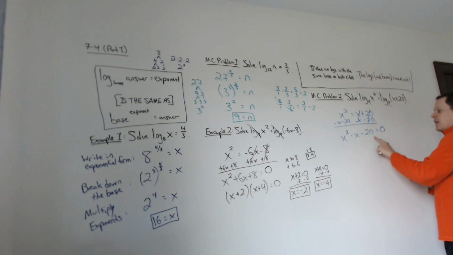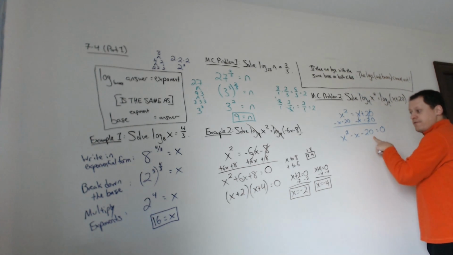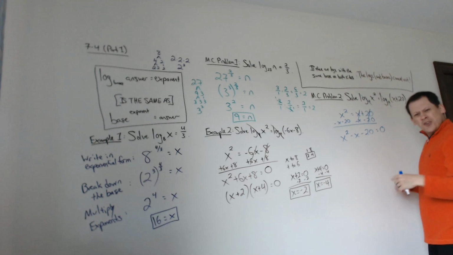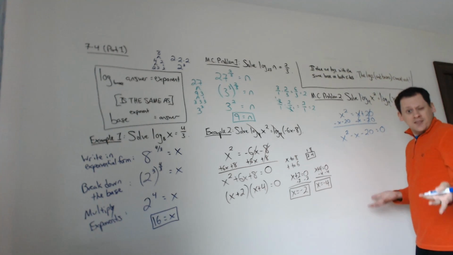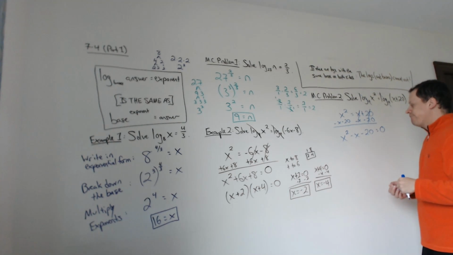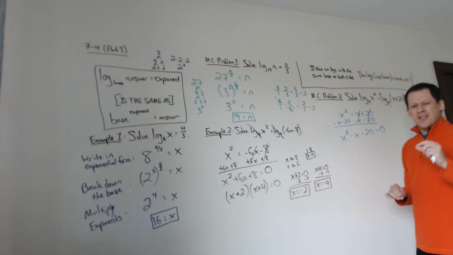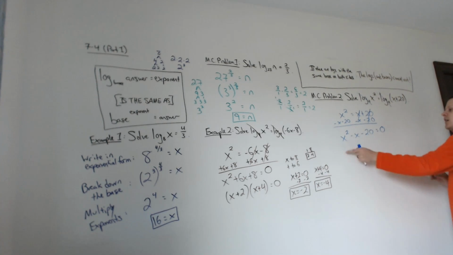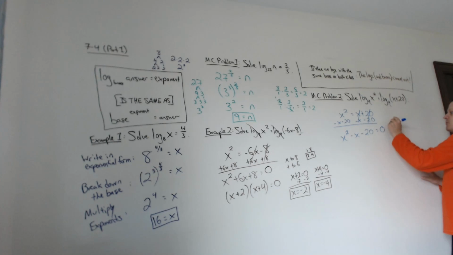Okay, so we need to solve this by factoring. You could also use the quadratic formula if that's what you're into. But if it factors, that's usually an easier way to do it. So I need two numbers that multiply to negative 20 and add to negative 1.